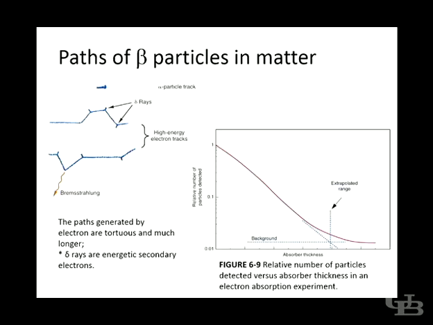And there's no clear ending thickness or range. If you remember, for alpha it's pretty clear. Rather, here it's reduced significantly, but there are particles that somehow can go even further.